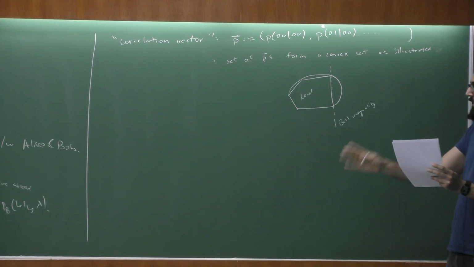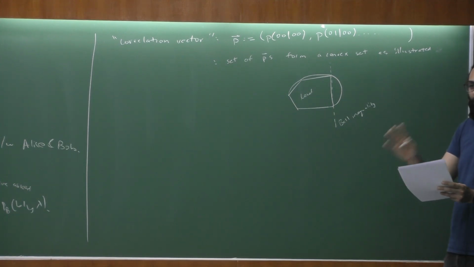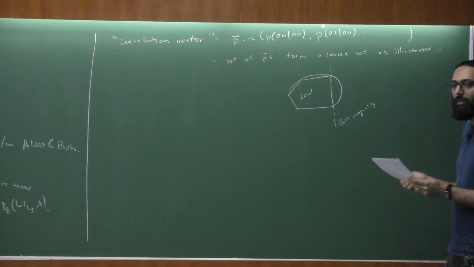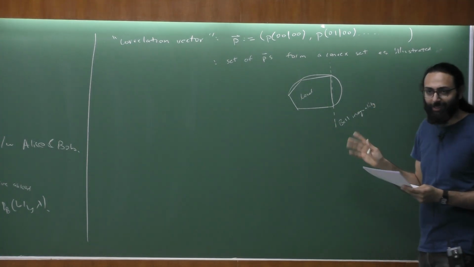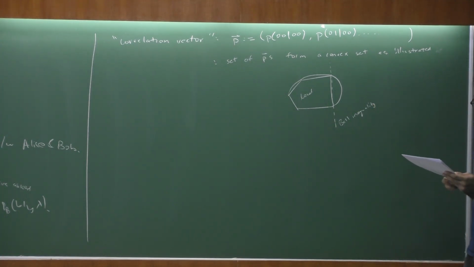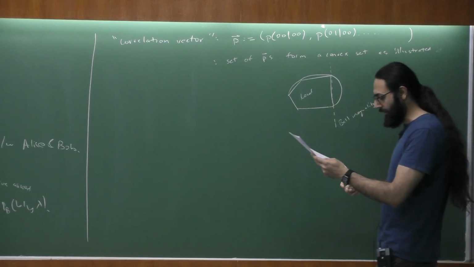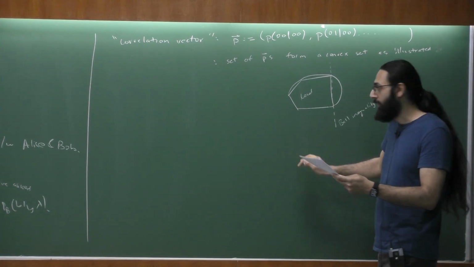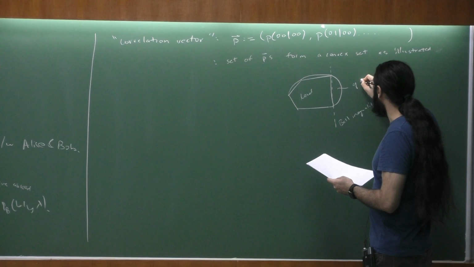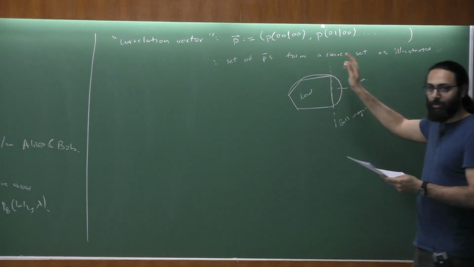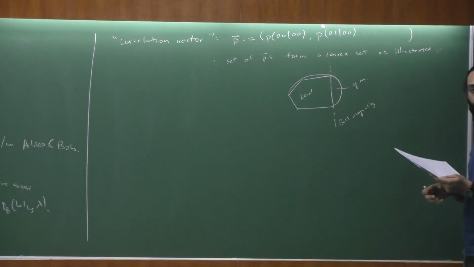Facet is like a face, but in a higher dimension they call it a facet. So it's just an English word, or a slightly modified technical word now. Is that okay? And this is what you can do with quantum mechanics. And then there's also the no signaling set, which is also a polytope, but we're not going there.